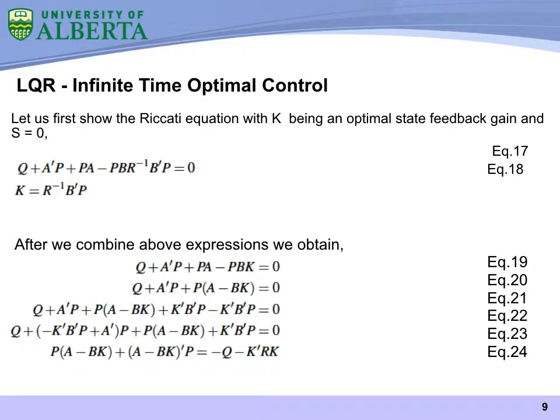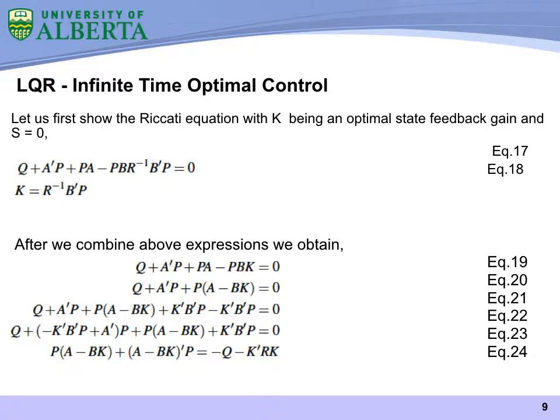Let's write the Riccati equation. This is Q plus A transpose P plus P A minus P B R minus 1 B transpose P. Okay? And after we define K as follows, we can essentially from this expression, nothing changes: Q plus A transpose P plus P A minus P B K. Instead of all of this, we just put K, right?